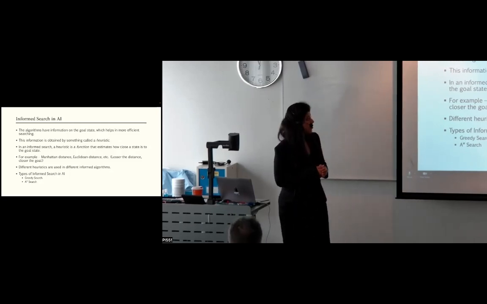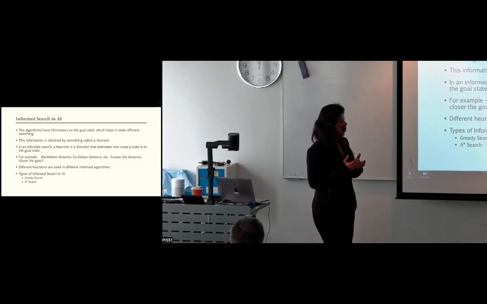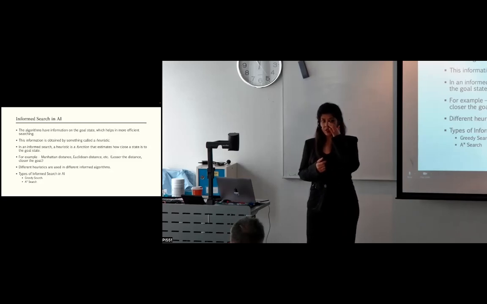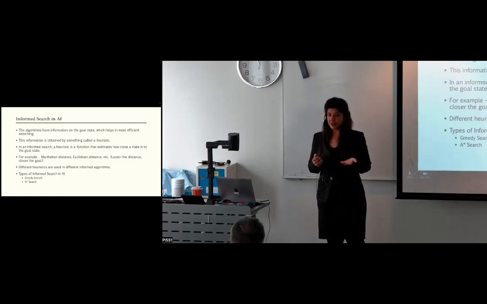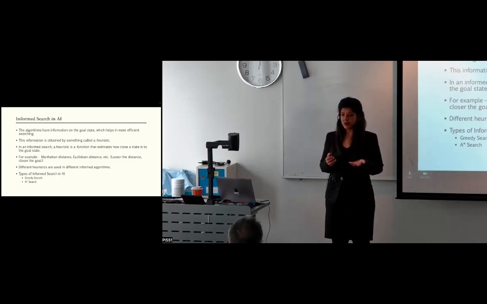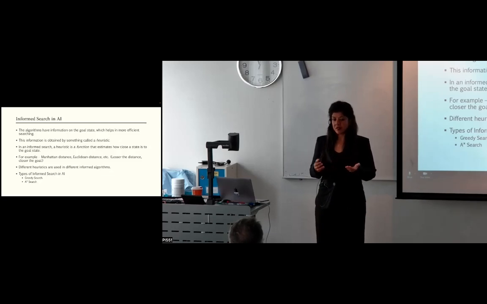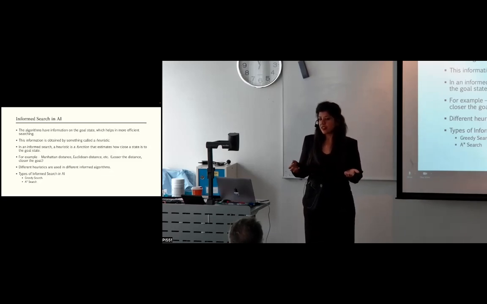It estimates how close the state is to the goal state. For example, if we are using clustering algorithms in machine learning, like KNN, K-means algorithms, we just calculate Manhattan distance or Euclidean distance, where we need to make the clusters.